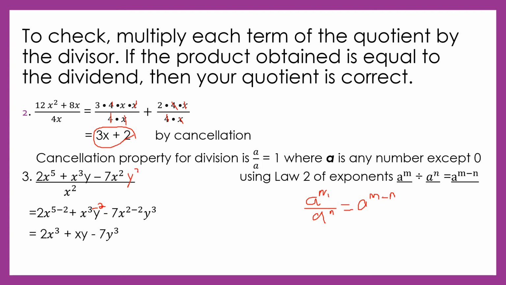Then 5 minus 2 is 2x cubed plus xy, since 3 minus 1 is 1, 3 minus 2 is 1, then minus, so this cancels. So that's how we got this final answer.